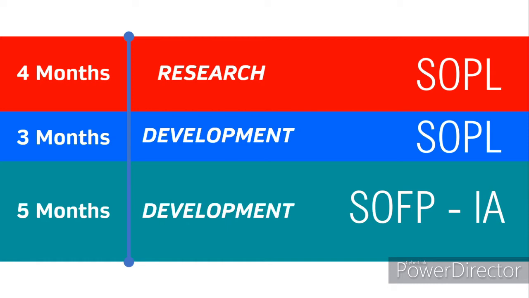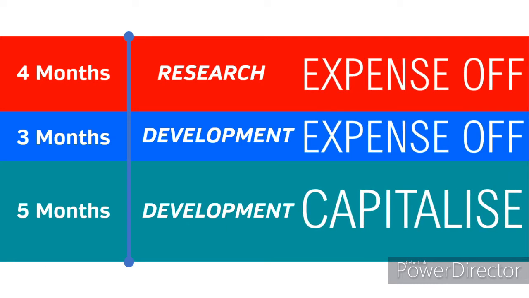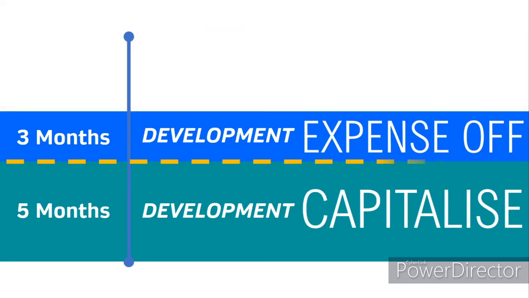So we divide it into two main phases: research and development. Development we further divide into two phases. One is when you are not so sure, and the next one is when you are confident that it can be completed. Okay, so let's focus more on the development part.